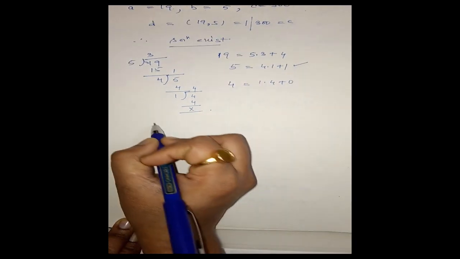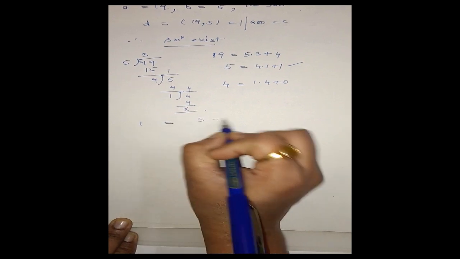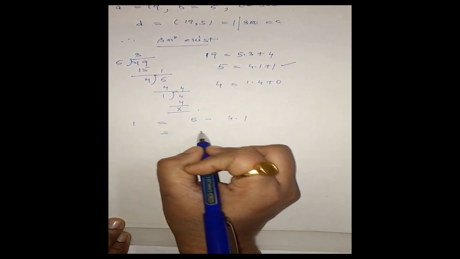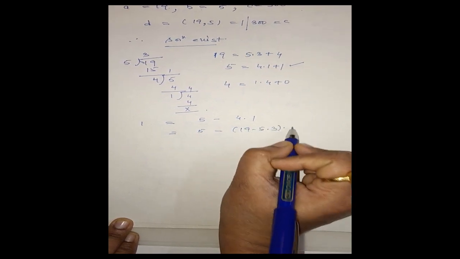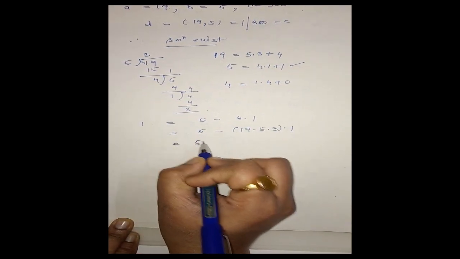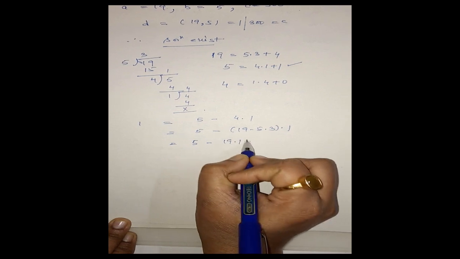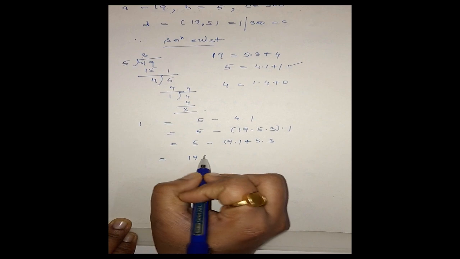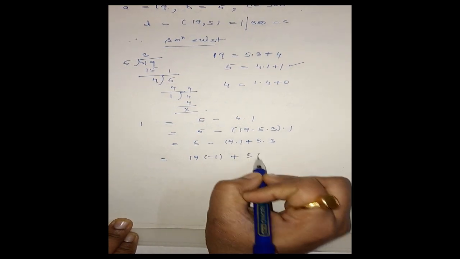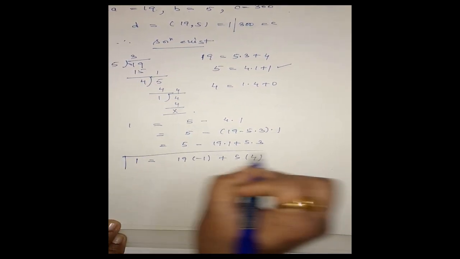We will start from here. 1 is 5 minus 4 into 1, that is 5 minus (19 minus 5 into 3) into 1, that is 5 minus 19 into 1 plus 5 into 3, or this is 19 into minus 1 plus 5 into 4. I can write like this.